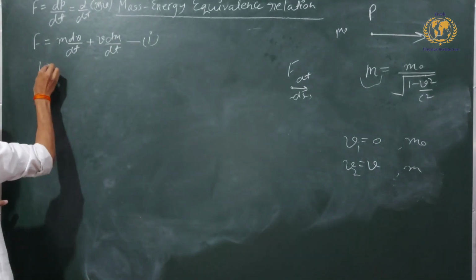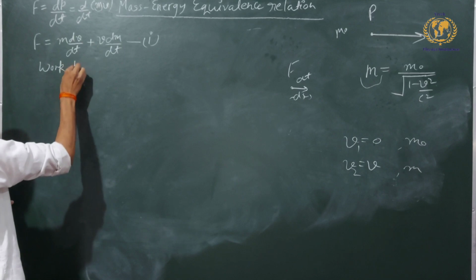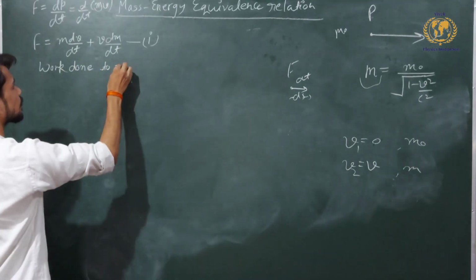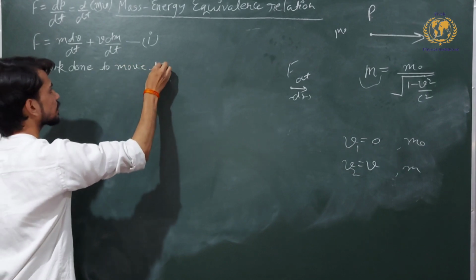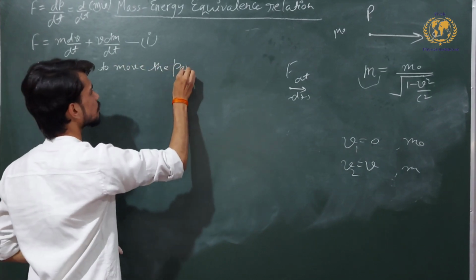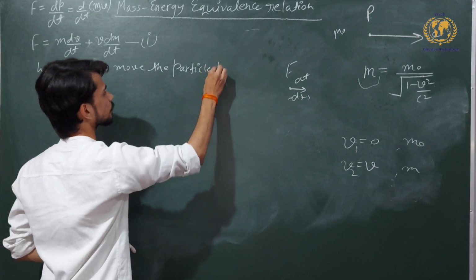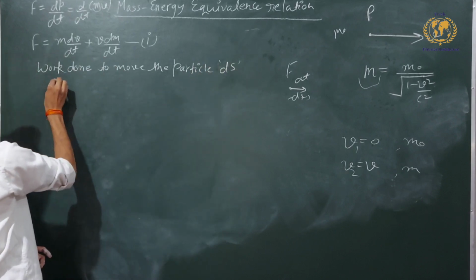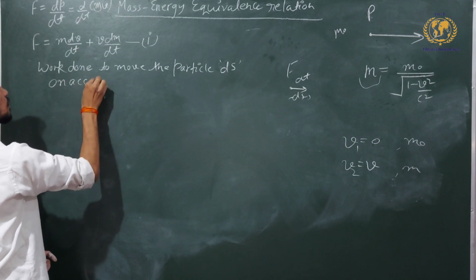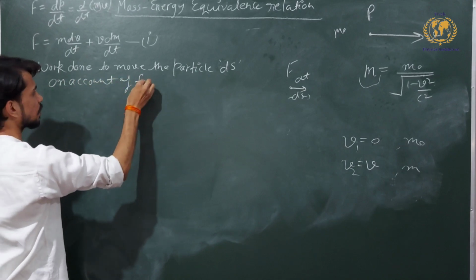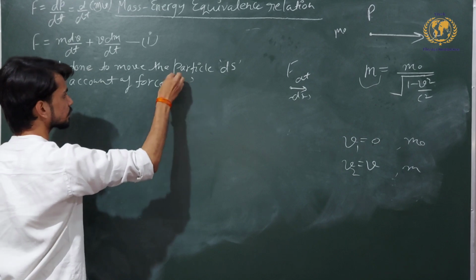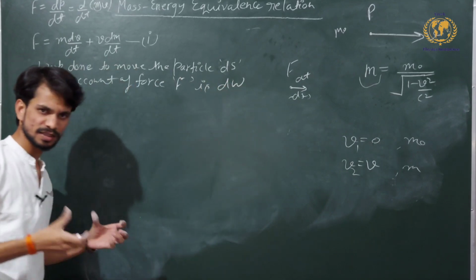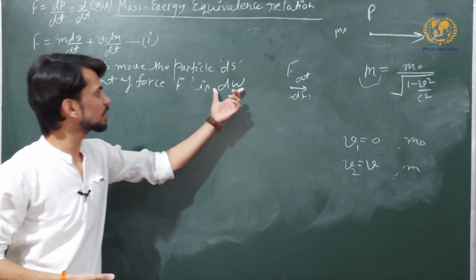The work done to move the particle by ds on account of force F is dw. Let's say that small value of work done is dw.